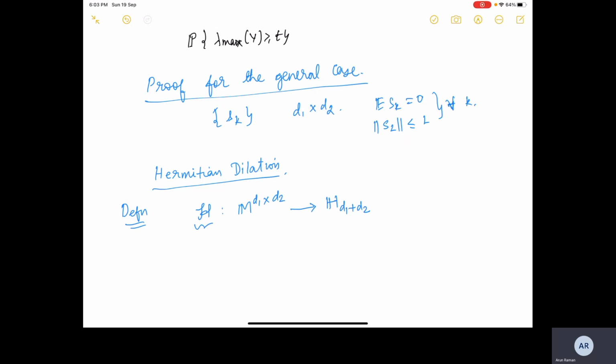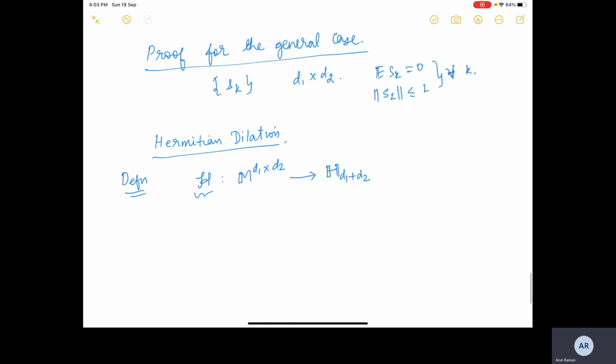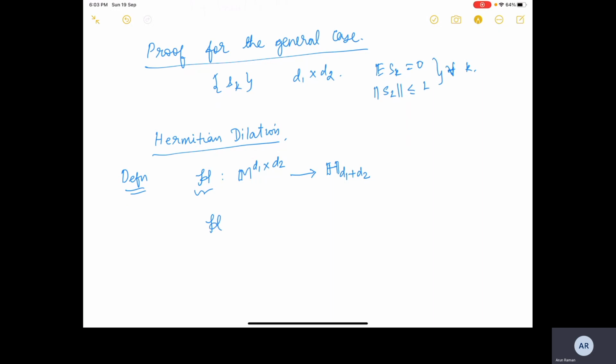Script H is the dilation operator which takes in any matrix of d1 cross d2 dimension, and gives us a Hermitian matrix of dimension d1 plus d2. Hermitian will be square, so of dimension d1 plus d2, and it is defined by this formula, where B is any general matrix, and the dilation of B is given by it.